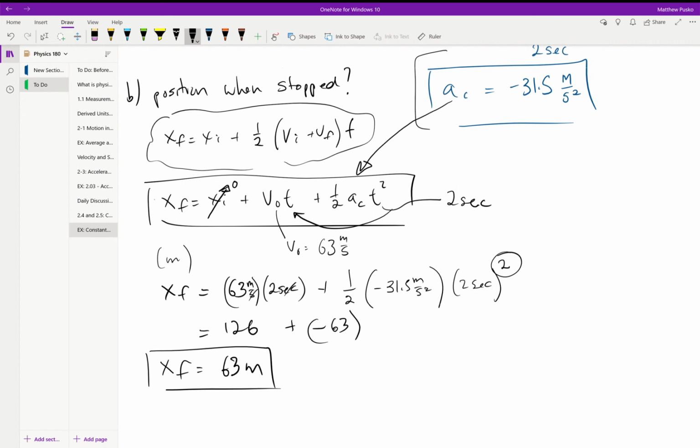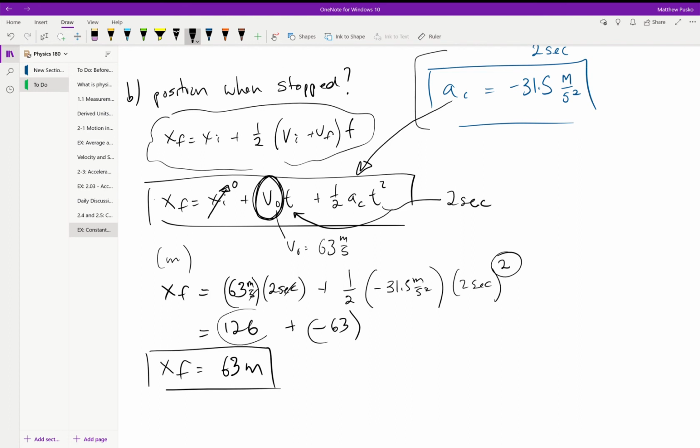Now, the problem has a little what if at the end. It says, suppose the jet lands on the deck of the aircraft carrier with a speed faster than 63 meters per second, but the cable still slows it down with the same magnitude of acceleration. How will that change the distance it takes to stop? Well, we would have a bigger number for our velocity right here.